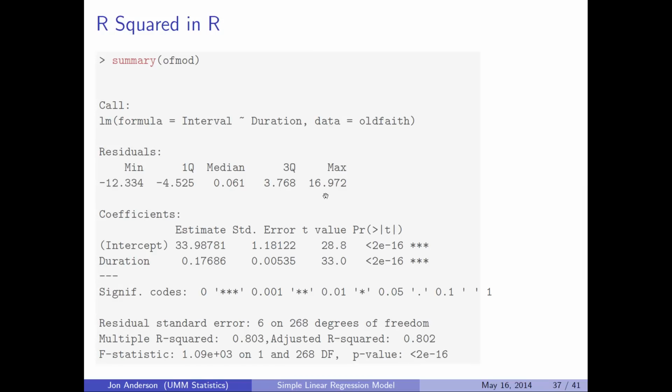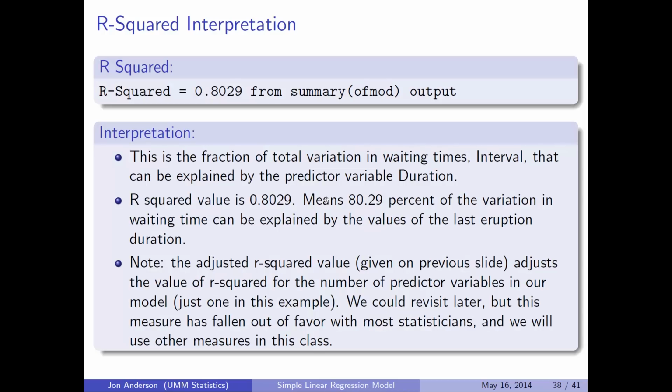You can get this value from our output by using the summary command. Summary of a regression model object gives you all of this information, and near the bottom you'll see multiple R squared, 0.803. This is the value of R squared for the Old Faithful waiting time problem.